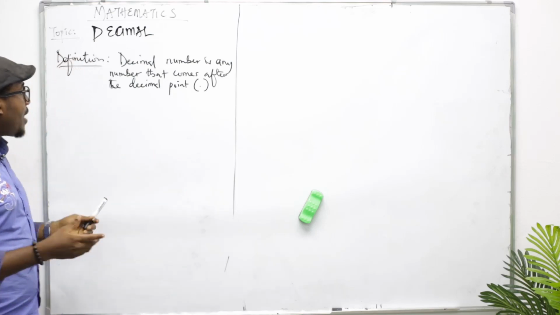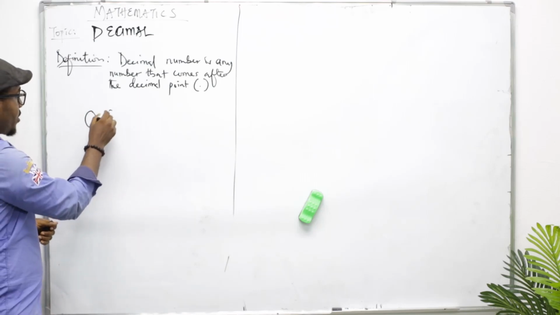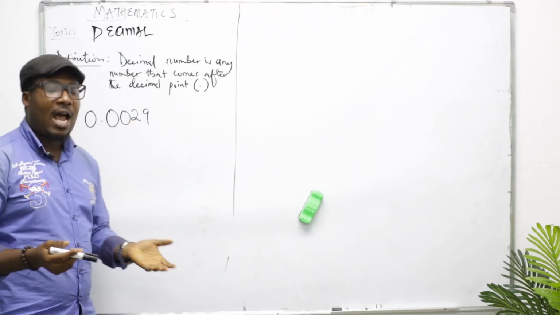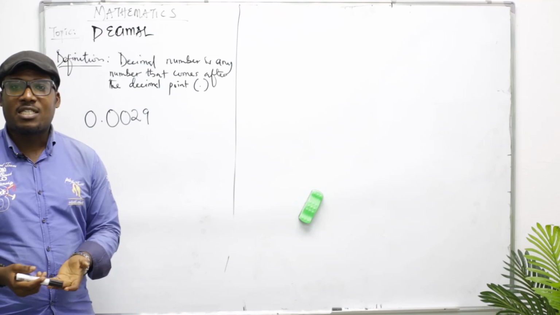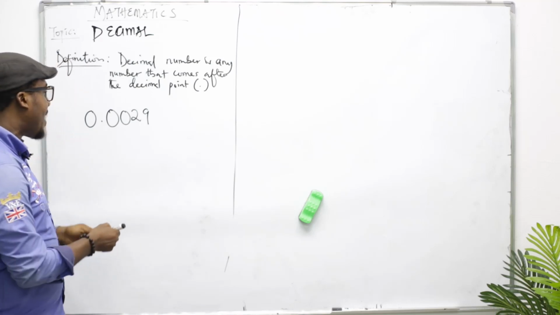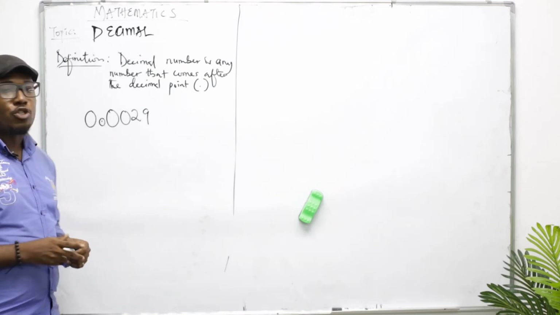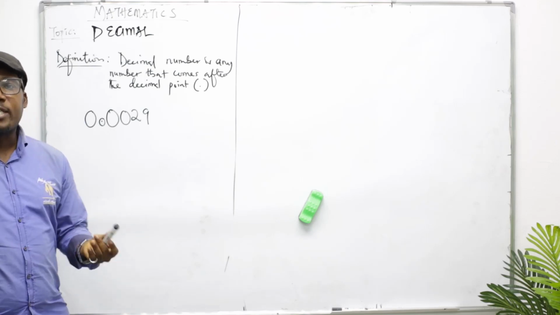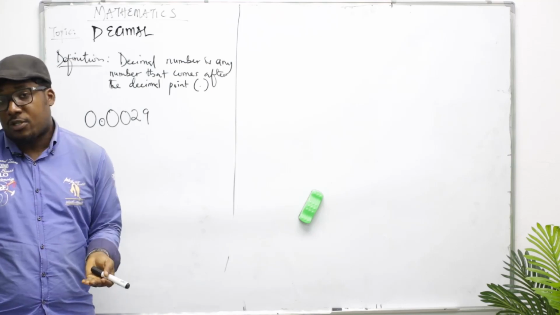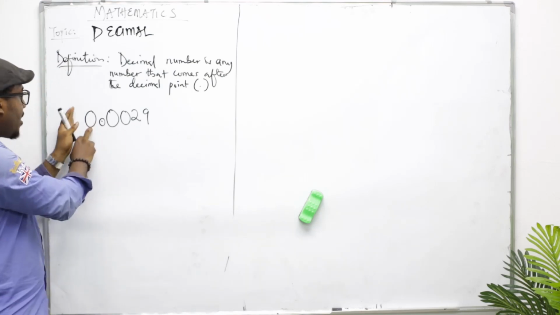Take for example a number like 0.0029. If someone asks you what the decimal number in this is, your decimal number is basically every number that comes after the decimal point, which is 0029. The 0 before the point can be put there just for emphasis. That's why sometimes some people skip this 0, the whole number, because it's 0.